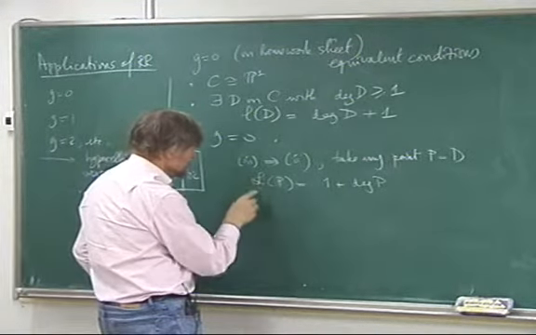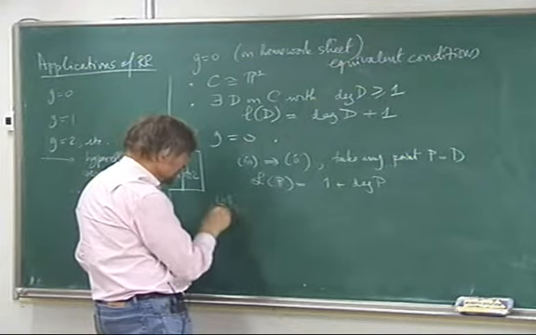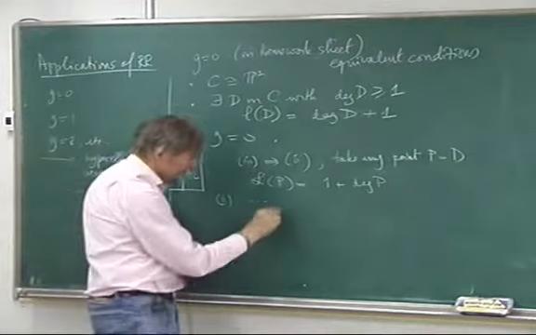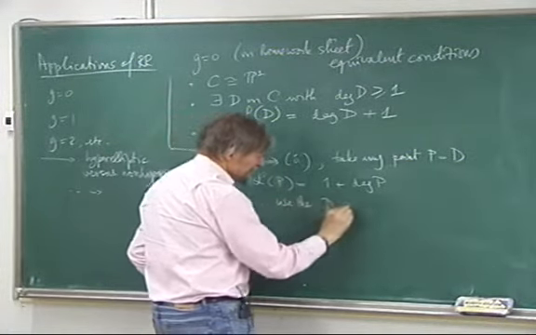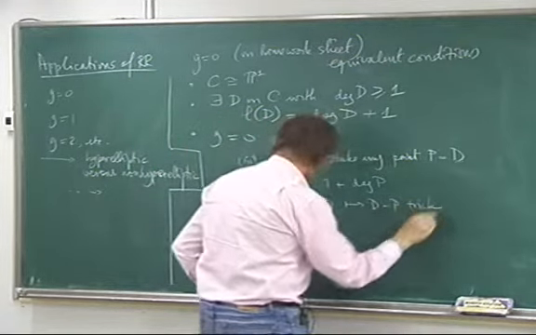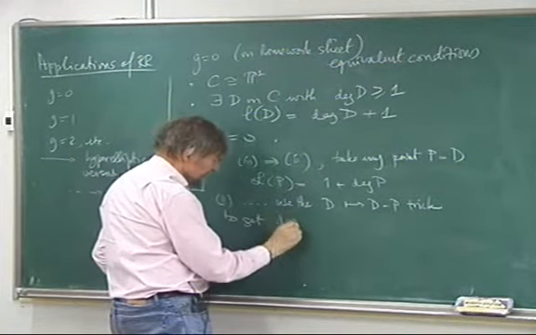And so this condition 2, so a couple of sort of basically easy steps here. Use the D down to D minus P trick to get degree of D equals 1.